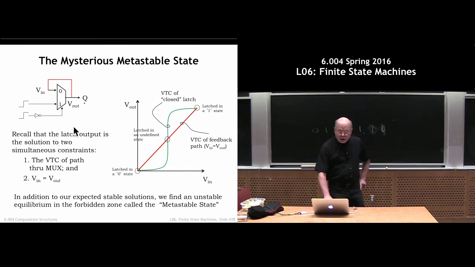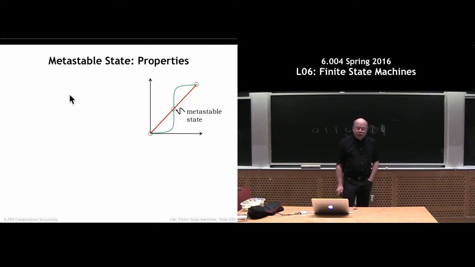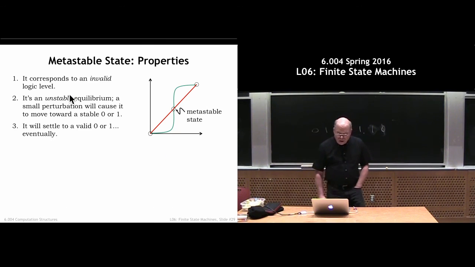So if we go into storage mode and change the input at such a time that when we close this feedback loop, we're at this mysterious V in equals V out voltage, this balance point, the system will be in what we call the metastable state, and will stay there for an unbounded period of time. It corresponds to an invalid output level, so we're getting a strange intermediate voltage out.